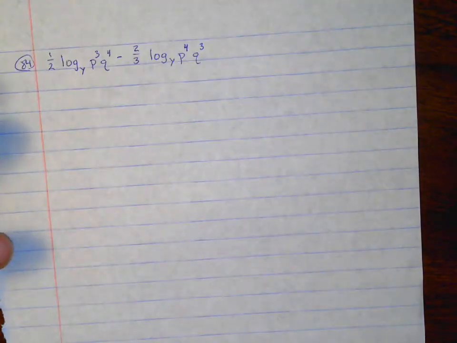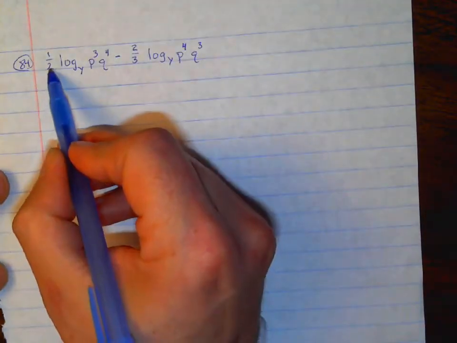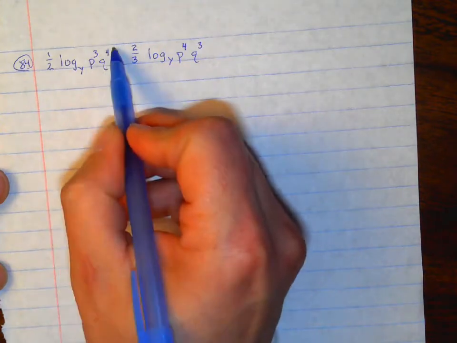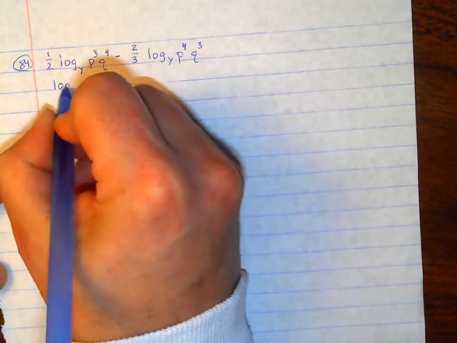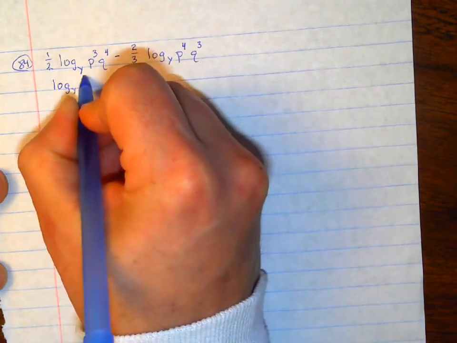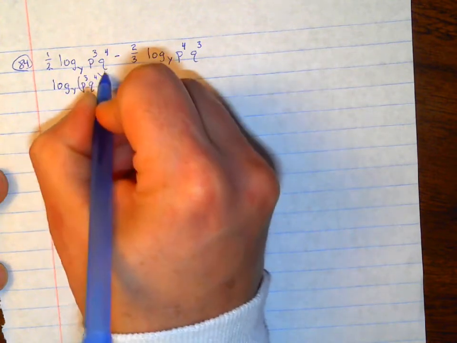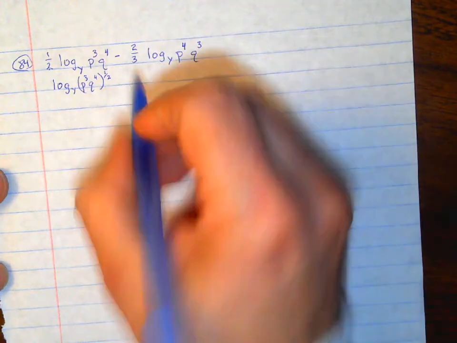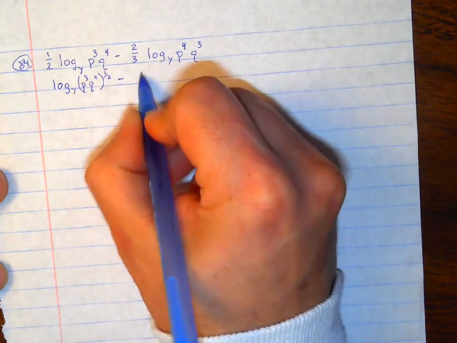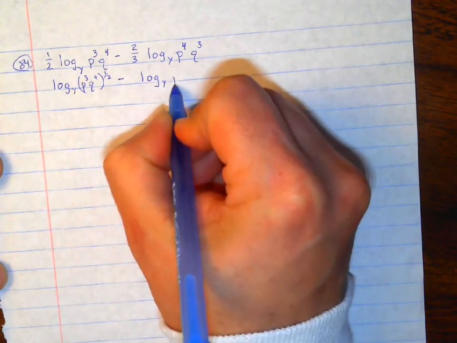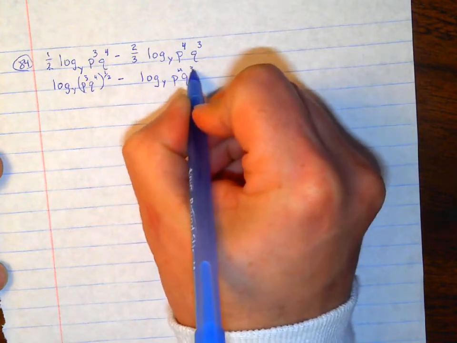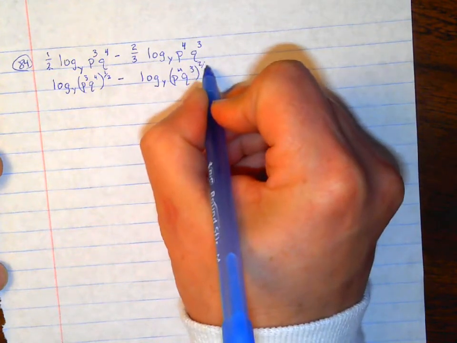Okay, 84. Using the opposite power rule, so I'm going to take this 1/2 and raise this all to the 1/2 power. So this will be log base y of p to the 3rd q to the 4th to the 1/2 there. And I can do the same thing over here to the 2/3 power.